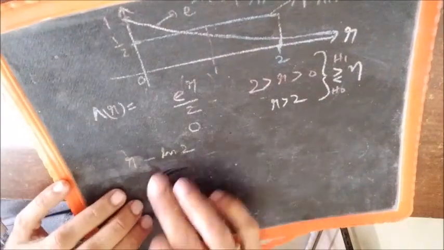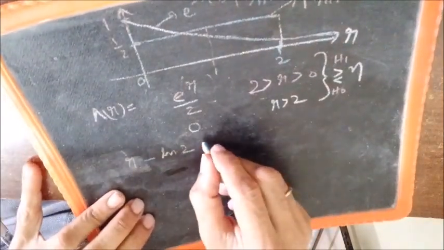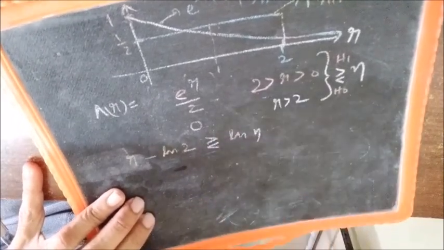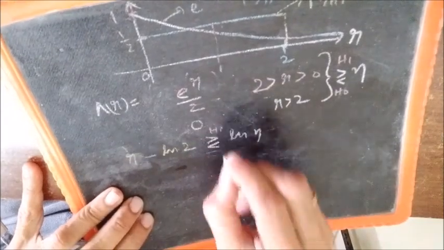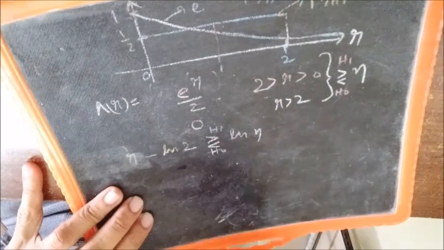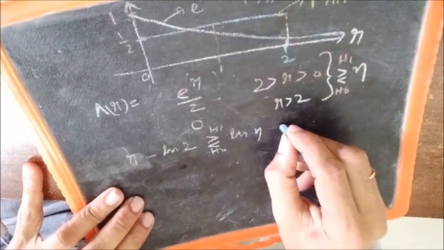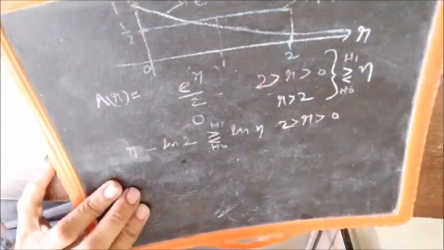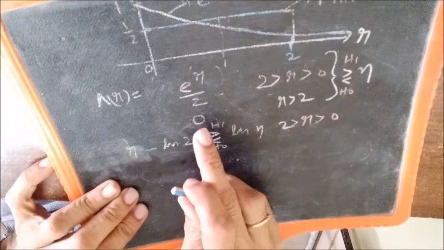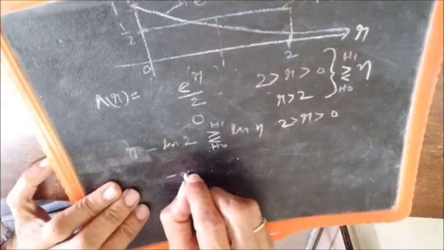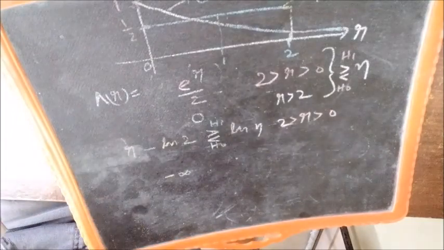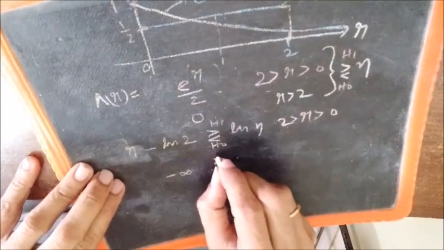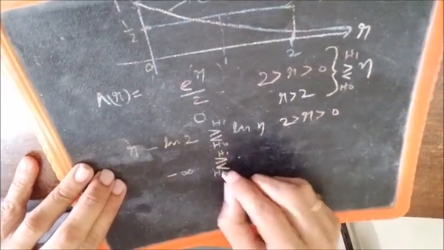So that's what you see here, r minus natural log 2, compared with natural log eta. This is what happens when you take the log likelihood ratio and do a test, and this is for r from 0 to 2. Whereas when you take the natural log of 0, your answer will be minus infinity, because e raised to minus infinity is 0. And this is how your test looks now.